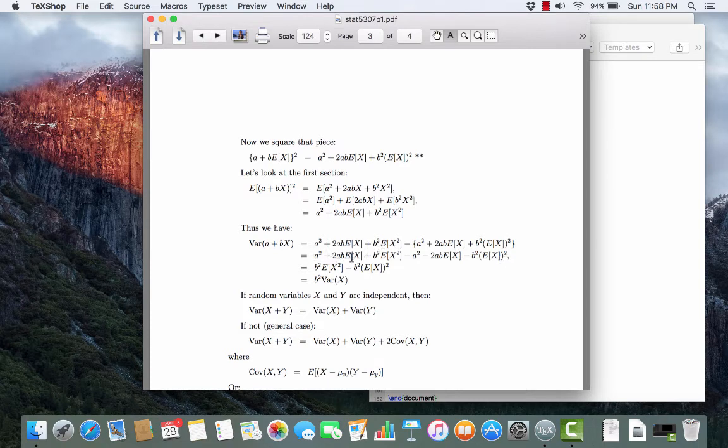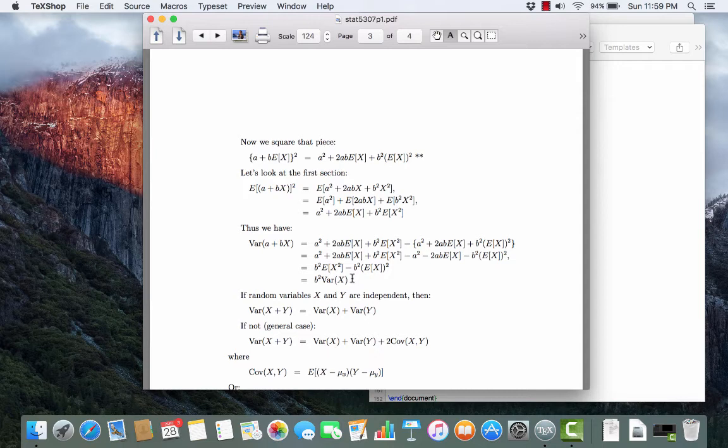The 2ab expected value of x drops out. And I'm left with b squared E of x squared minus b squared E of x, the quantity squared. But if I look at these expectation terms, that's just the definition of variance. So all I have is b squared times the variance of x, which is what I wanted. Cool, huh? And that's the kind of stuff I want. I don't want you to worry about integrating or anything like that.